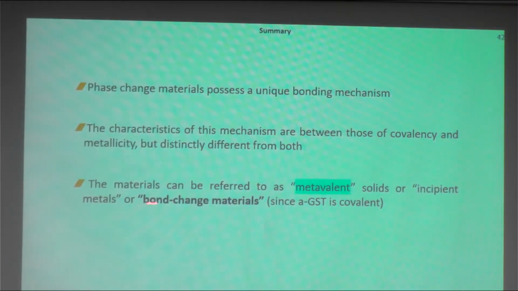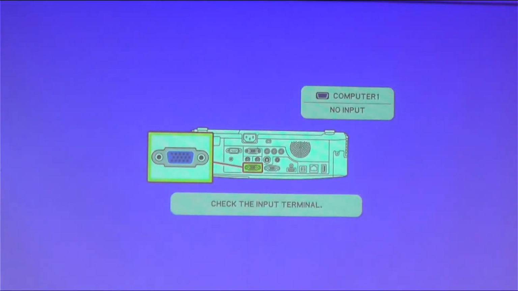And these materials can be referred to as metavalent solids, incipient metals, or bond change materials, since amorphous GST is simply a covalent material. So I will stop with bonding. The phase change materials have a unique bonding mechanism that differs from other solids.